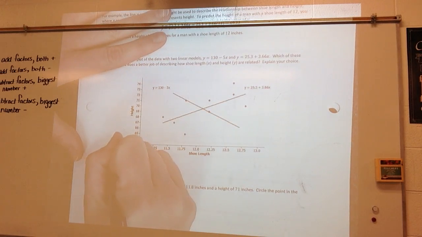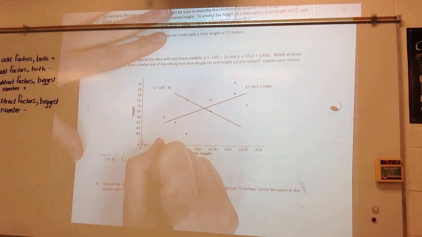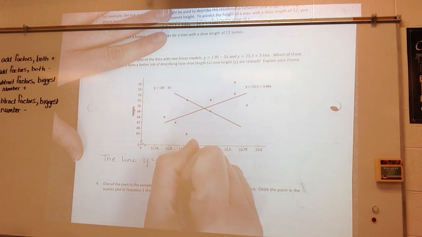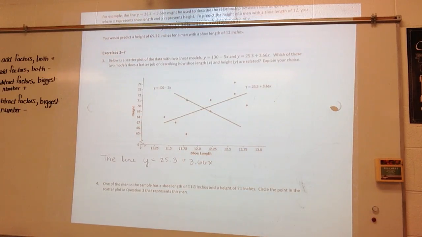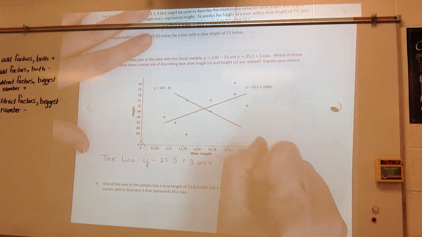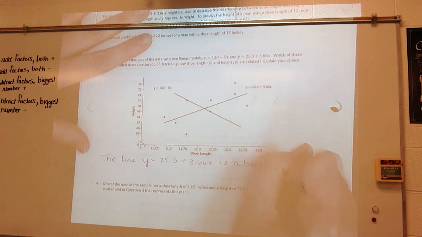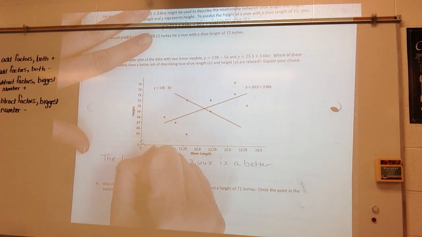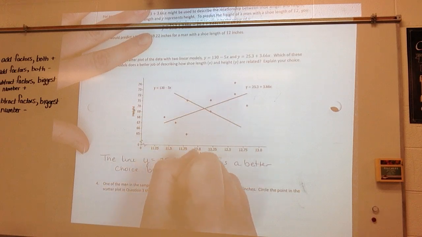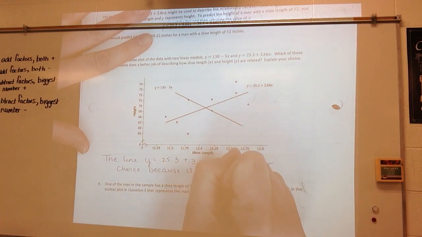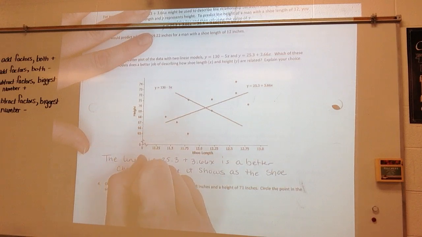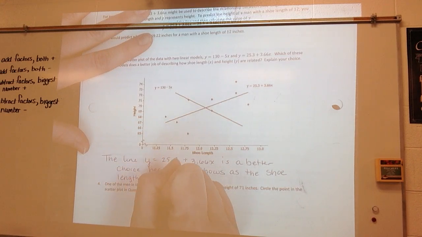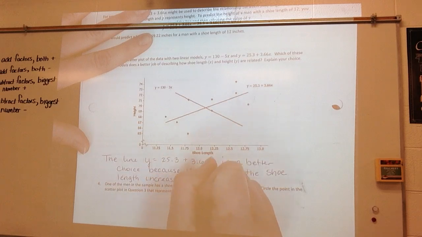So we're going to say the line y is equal to 25 3/10 plus 3 66/100 x is a better choice, because it shows that as the shoe length increases, so does the height.